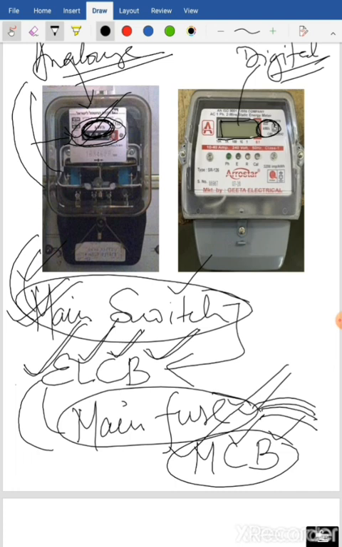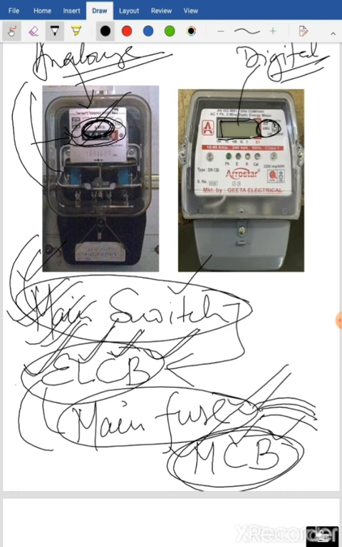It then goes to the kWh meter. Through the meter it goes to the main switch, and through the main switch it goes to the main fuse. The main fuse nowadays we also call ELCB, the earth leakage circuit breaker, and MCB, which is called the main fuse.